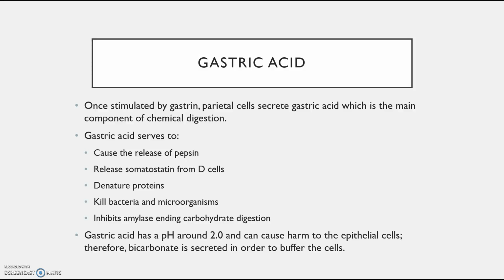The hydrochloric acid denatures proteins, which breaks them out of their tertiary structure and makes them more easily digestible. It also helps to kill bacteria and other digestive microorganisms, which can be very harmful to us. And it also inactivates salivary amylase, which stops the carbohydrate digestion that begins in the mouth.